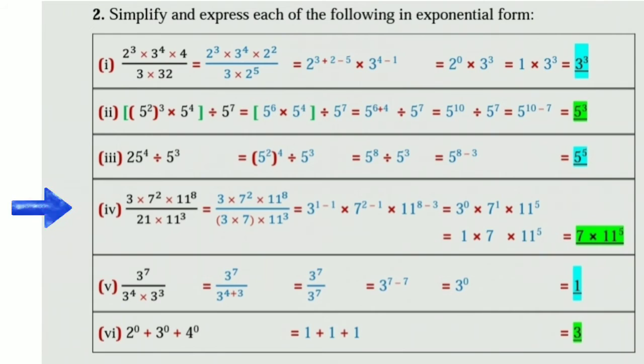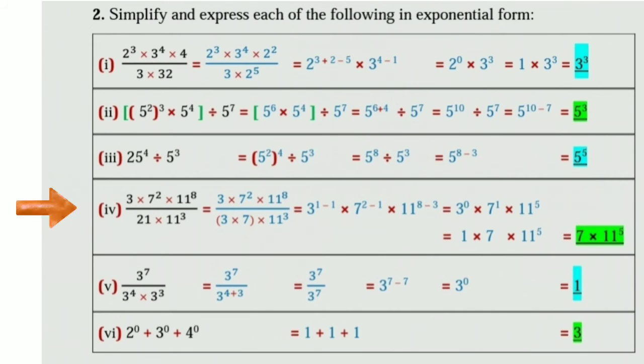Now simplifying this, it is equal to 3 raised to 1 minus 1 into 7 raised to 2 minus 1 into 11 raised to 8 minus 3, is equal to 3 raised to 0 into 7 raised to 1 into 11 raised to 5, is equal to 1 into 7 into 11 raised to 5. So the final answer is 7 into 11 raised to 5.